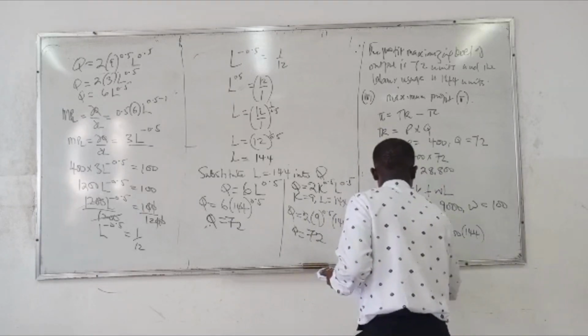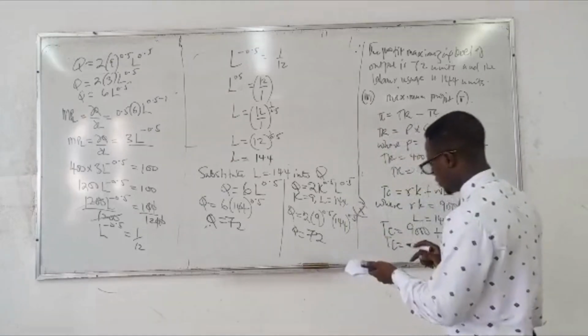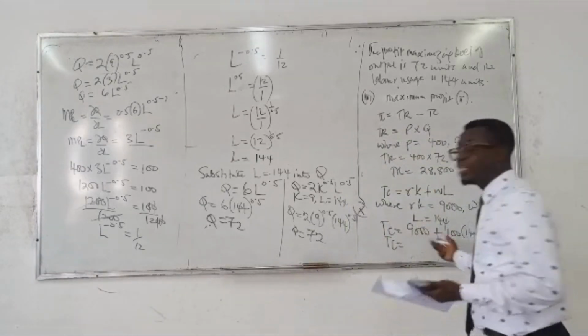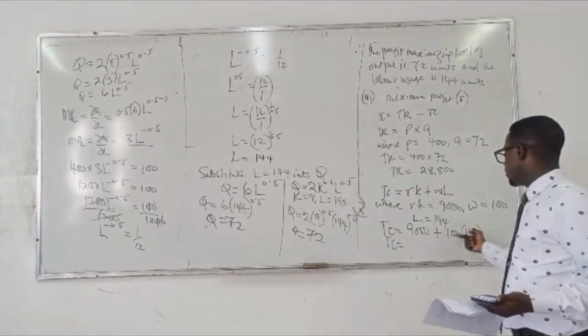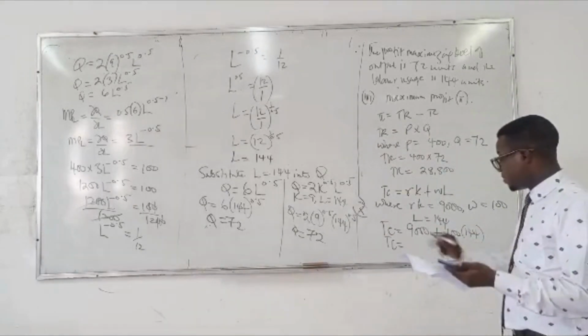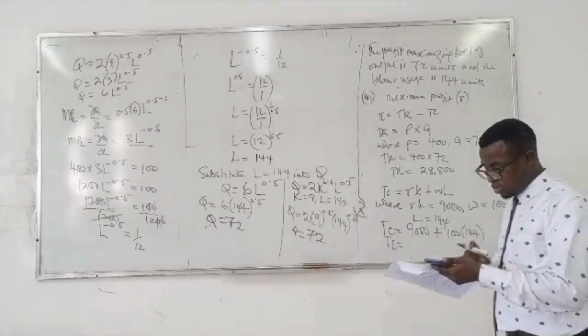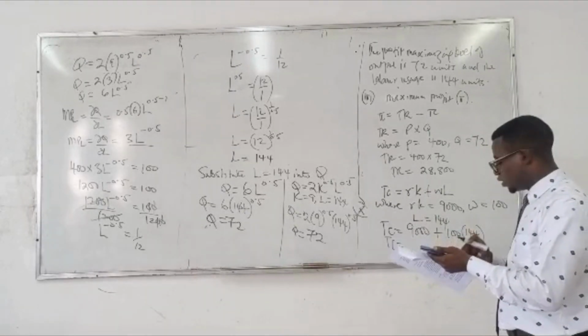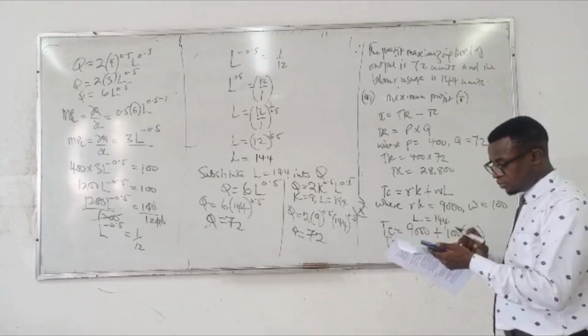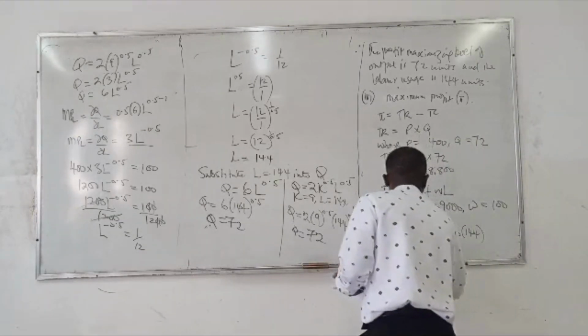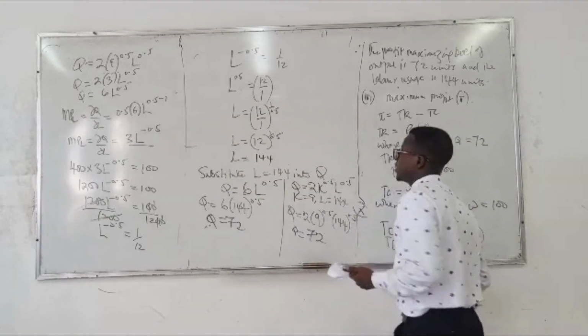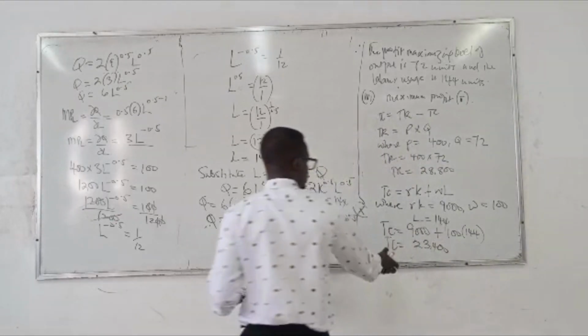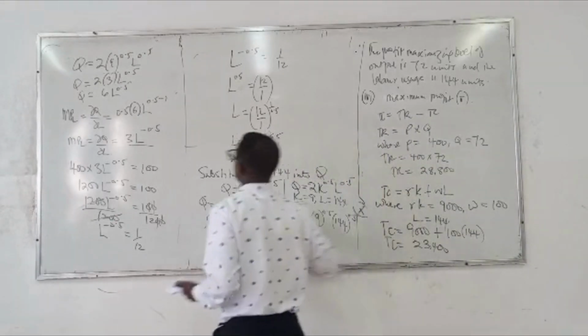So total cost will be equal to, add everything together. If you wish to bring them down, fine. That is, write this and add this together, that's fine. But I'm adding everything together here. So 9,000 plus 100 times 144. So I'm going to add it together. 23,400.